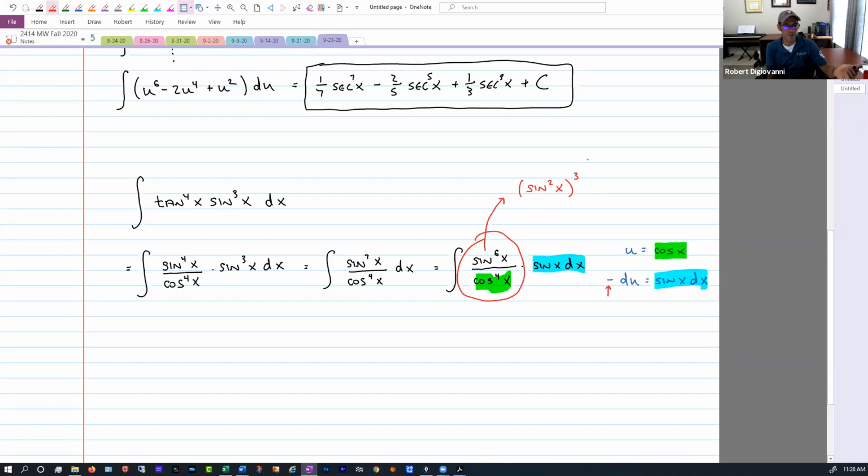And then we could rewrite that using the Pythagorean identity as 1 minus cosine squared x, cubed. So let's see what happens. The numerator becomes 1 minus cosine squared x cubed over cosine to the 4th x, and then we have sine x dx.